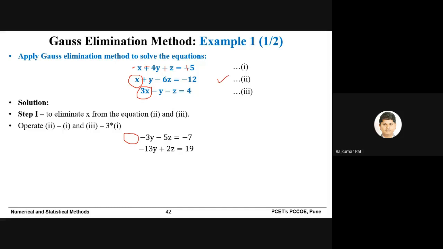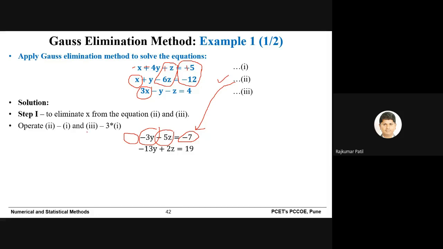Then y minus 4y, you will get minus 3y. Similarly, minus 6z plus z, you will see minus 5z. And minus 12 plus 5, the answer is minus 7.